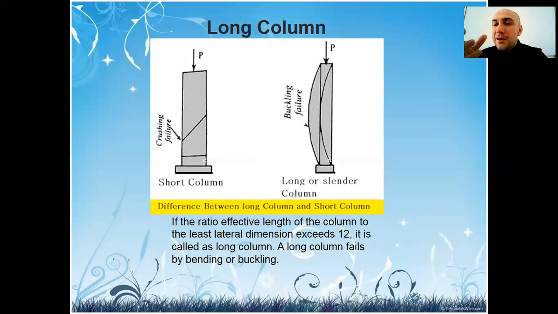Failure by bending is more frequent than crashing, and such a column typically has a length of 20 to 30 times the diameter.